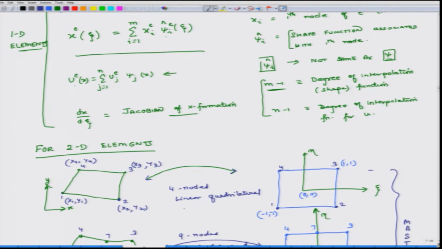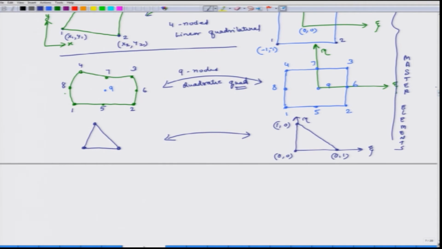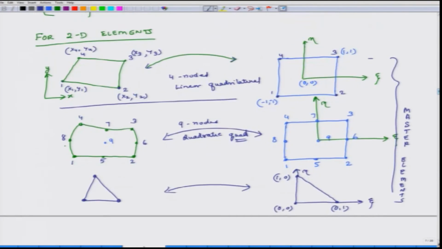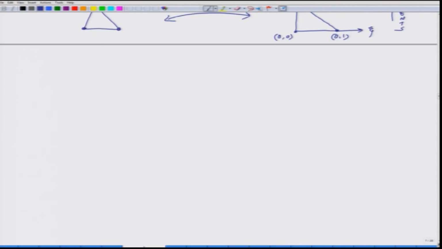So what we will do is discuss only this transformation in this course. This will give you an idea, but if you want to learn about other transformations, you can refer to the books, and the theory is pretty similar. So we will only cover the transformation of a 4-noded quadrilateral to a 4-noded master element in the zeta eta domain. So what are the transformation relations?